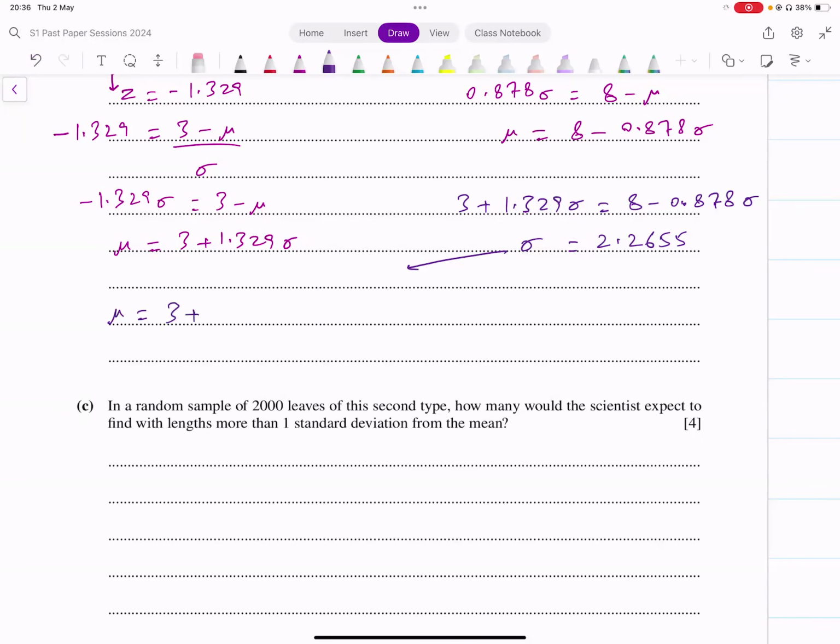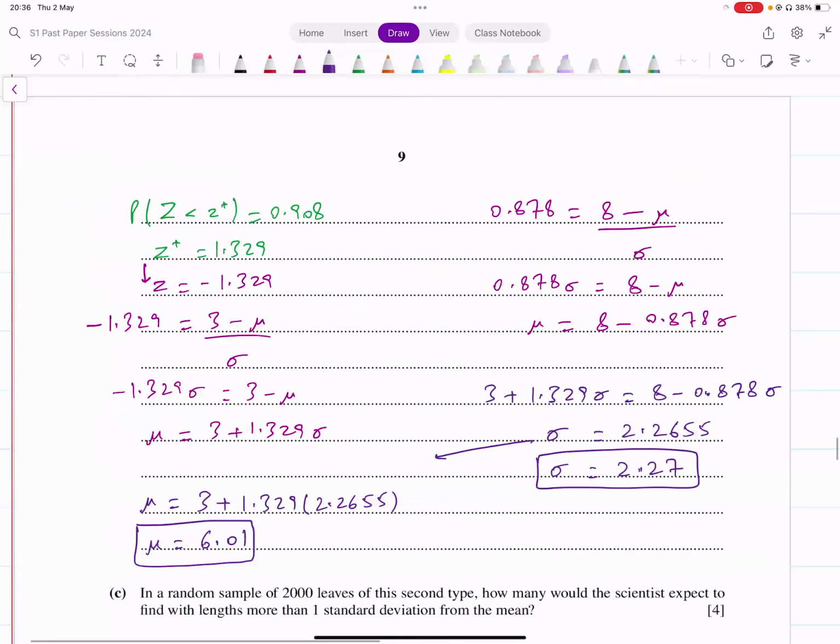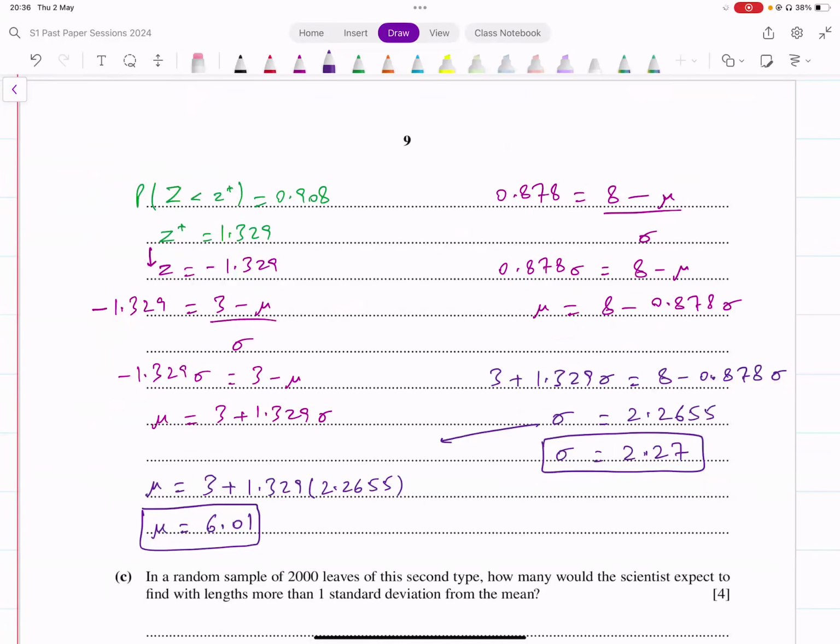Mu equals 3 plus 1.329 multiplied by 2.2655. And that should give us the value for mu as well. This multiplied by 1.329 plus 3, and that's 6.011. Mu is equal to 6.01. That's what we were looking for. We've got the value of mu and standard deviation, which is 2.27 if you want to round it off. Okay, we found the values of mu and sigma.